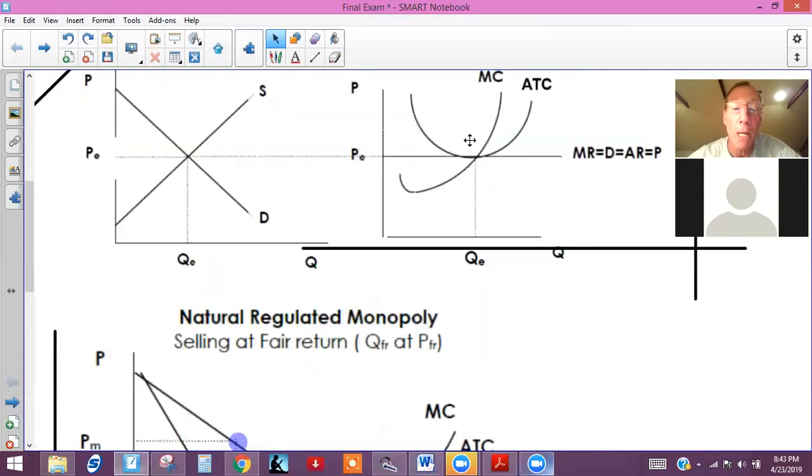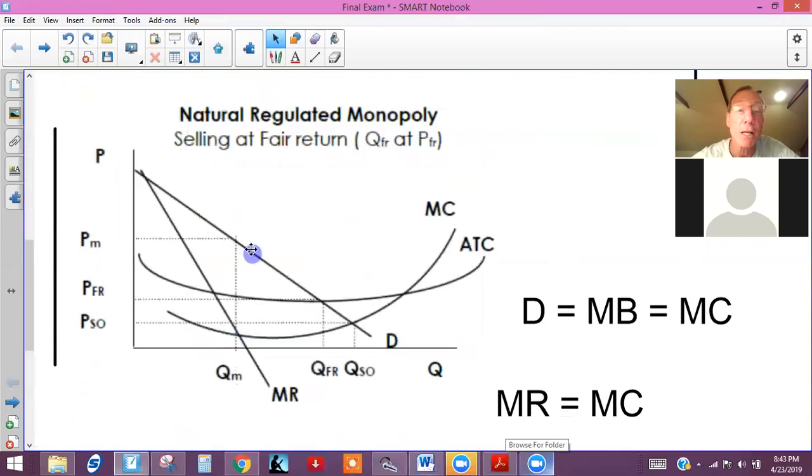But a monopoly has the ability to raise or lower the price. If they want to sell more, they could lower their price, and the quantity demanded would go up, right? So they have more power in the market to do what they want.